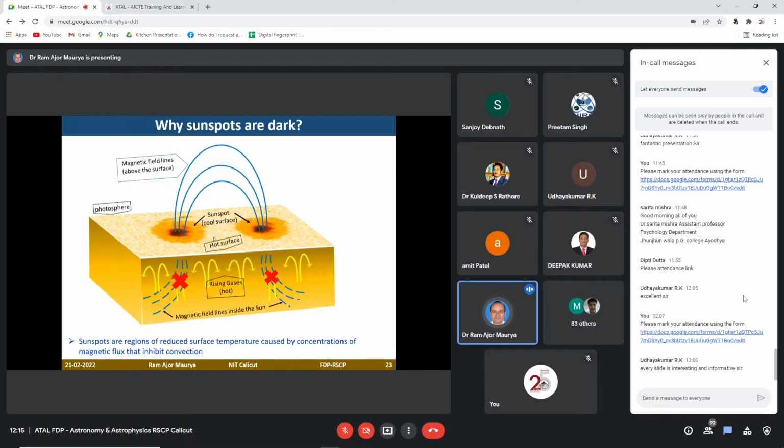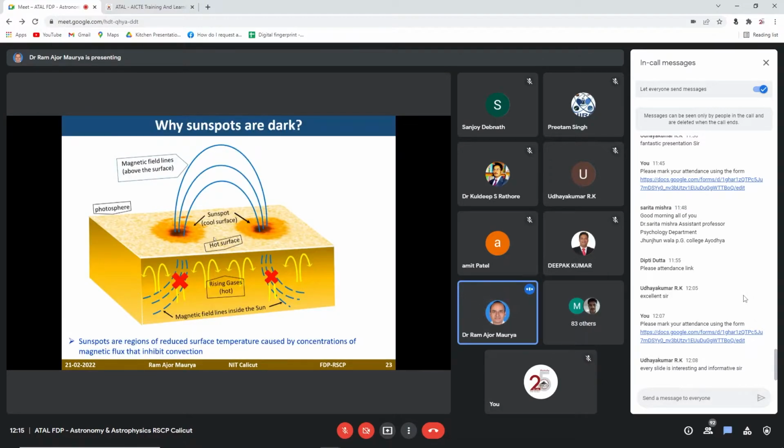The sun rotates differentially. If you observe the sun in white light, you can see the sunspots moving here, right? So you can track the sunspots as a function of time at different latitudes, and then find how the sun is rotating at different latitudes.